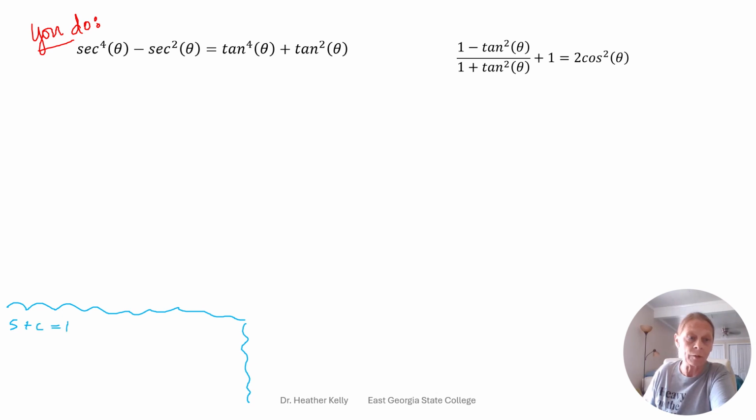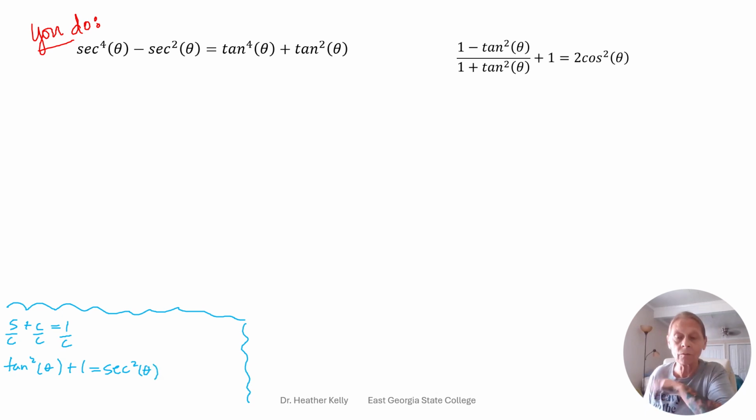This is sine squared plus cosine squared equals 1, but this is me shorthanding it. This is me showing you how to quickly get it. Now, we need tangents, and tangents are sine divided by cosine, so we're going to need to divide all these through by cosine, and that's going to give us tangent squared theta plus 1 is equal to secant squared theta. See how quick that was to just kind of knock it out?